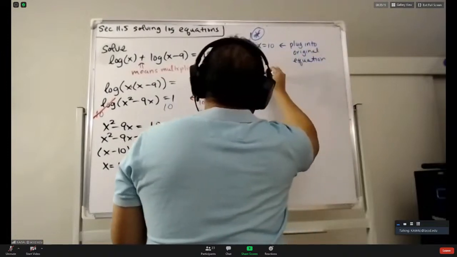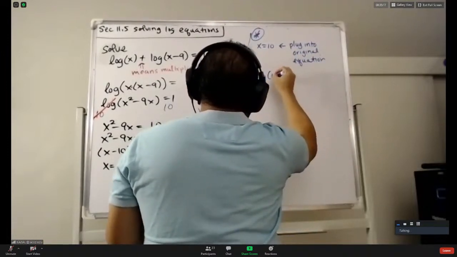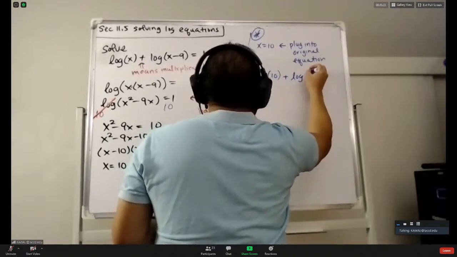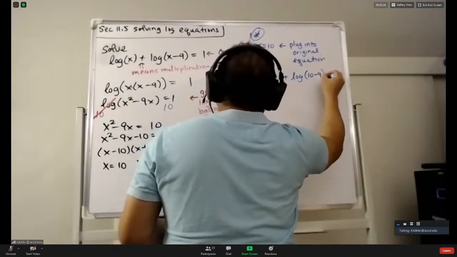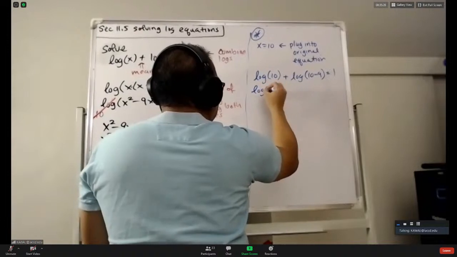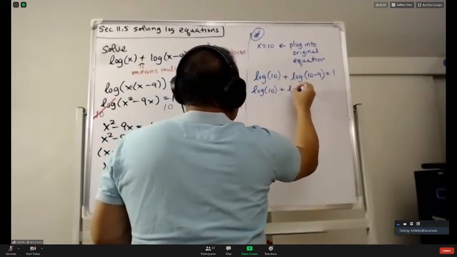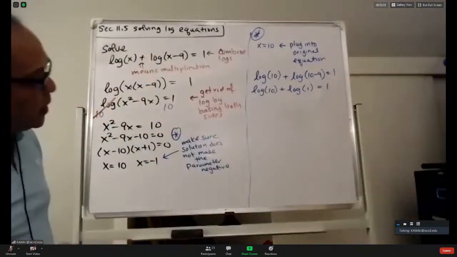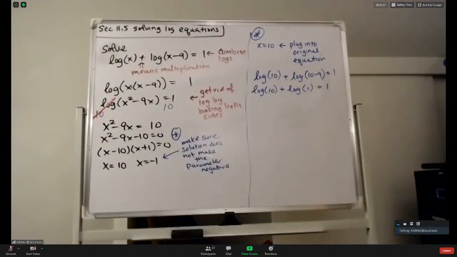So you're going to get log 10 plus log (10 minus 9) is equal to 1. And then you'll get log 10 plus log 1 is equal to 1. So go ahead, copy that, and then I'll tell you what that means.